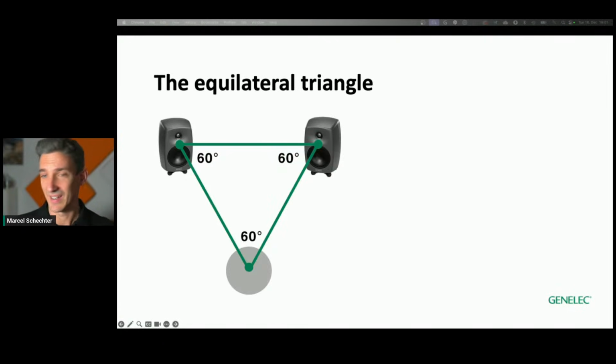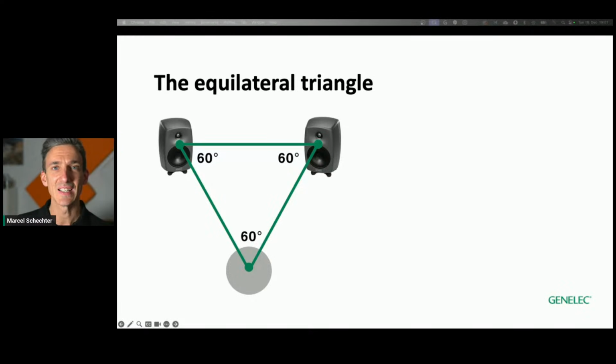This is something that is very important. Still, sometimes I see it in a different way. But if you want to have the correct panorama, for example, from a classical recording, or if you are producing stuff, please go for the equilateral triangle. So make sure that you have these 60 degrees angles, or 2 × 30 if you just look from your perspective.